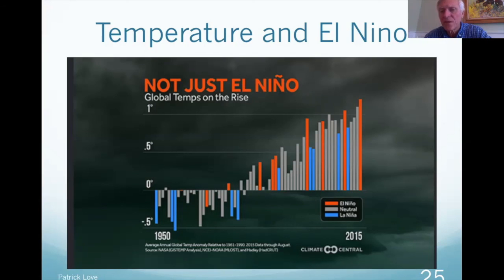In fact, the warming has to be caused by some change in the way energy is distributed on the Earth. This is an internal oscillation. The Walker circulation, that the ENSO is, is not generating energy.